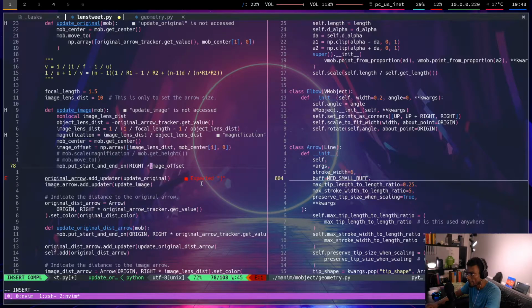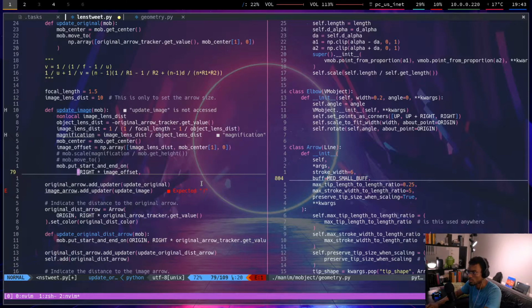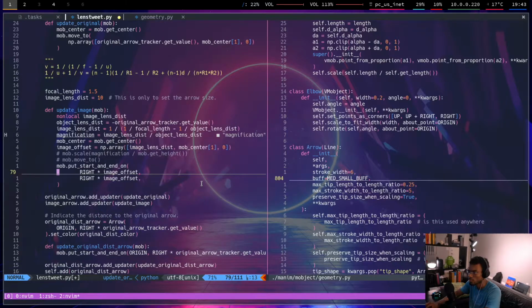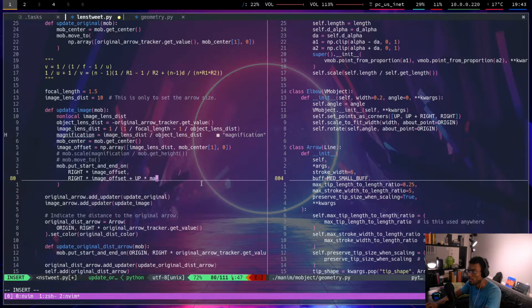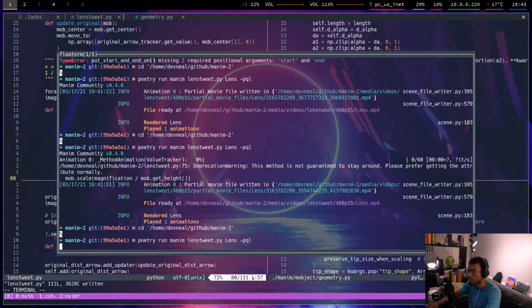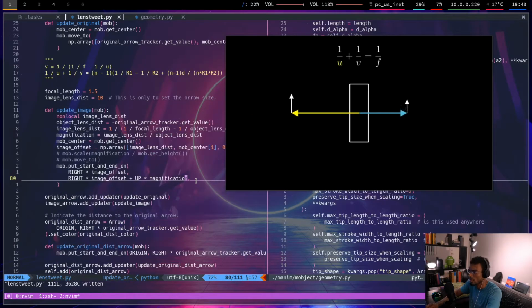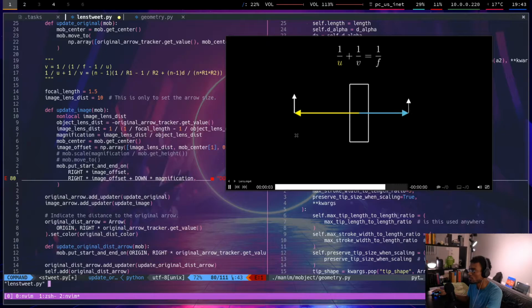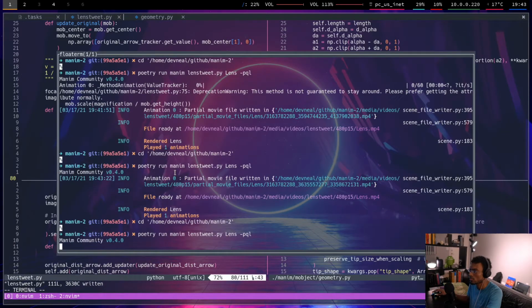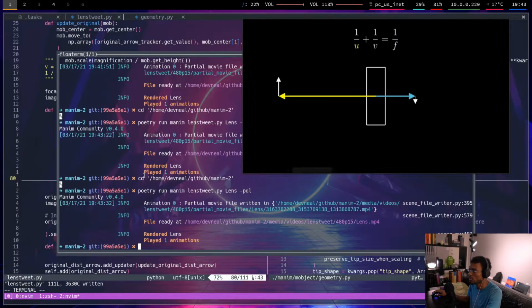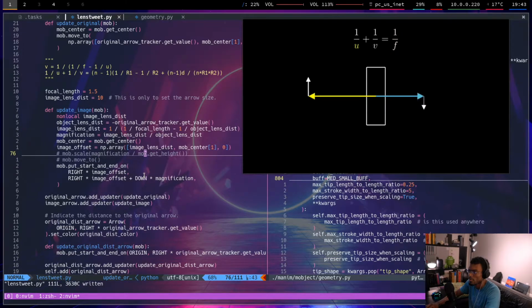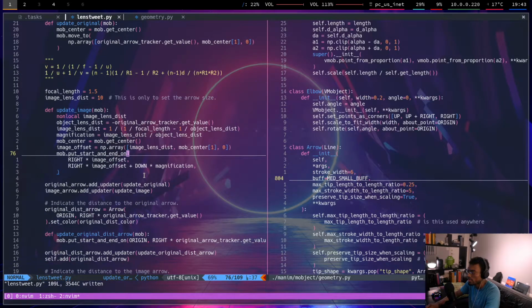And then right times image offset plus up times. Okay, I'm just gonna do it this way. And that should be down. Cool. I will deal with the arrow tip later.